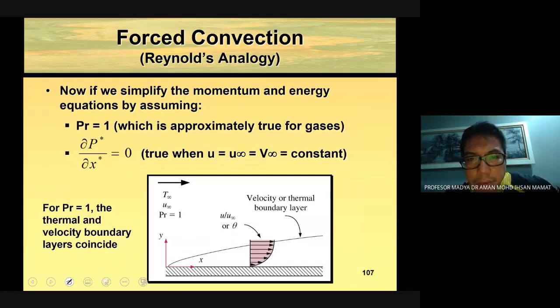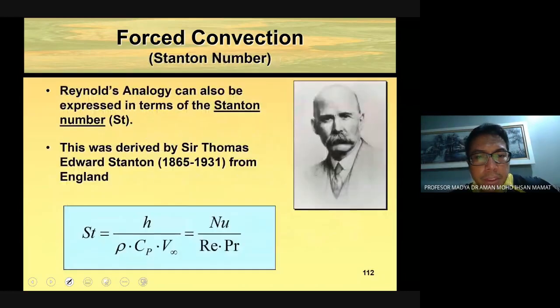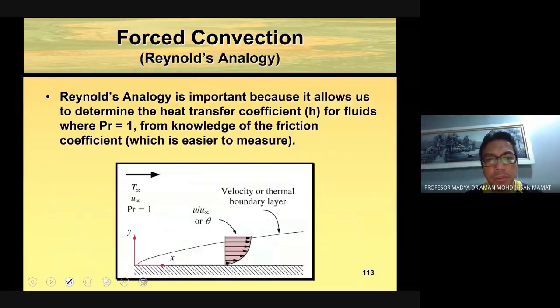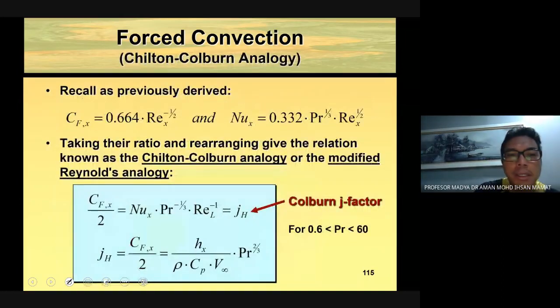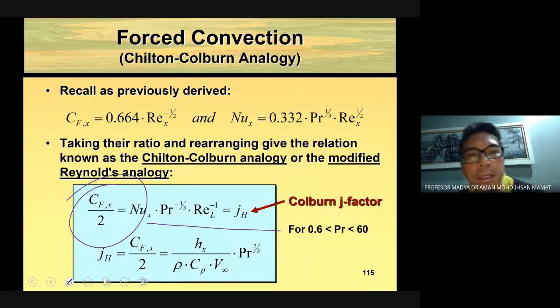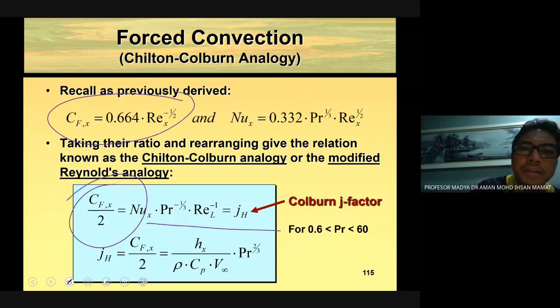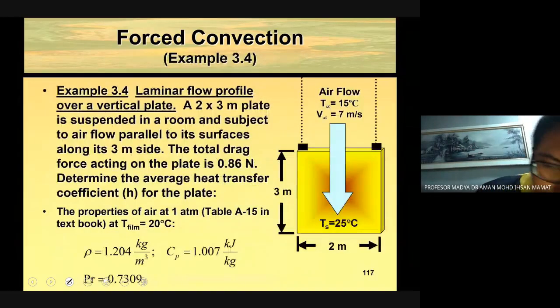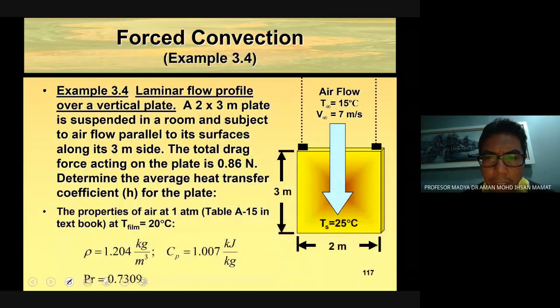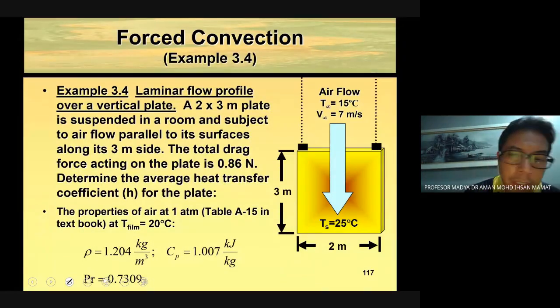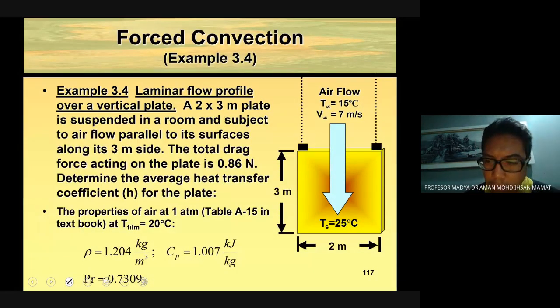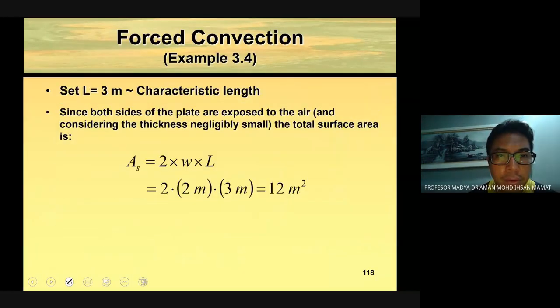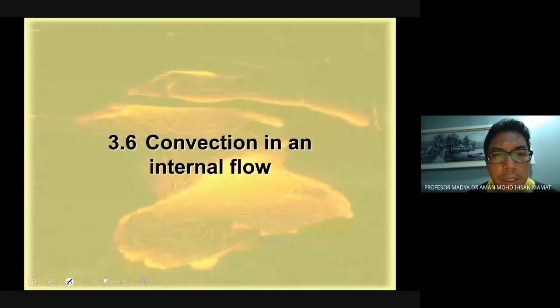Then they develop another one, which is the Stanton number, the analogy, correlating between the friction and the correlation that I mentioned before. This is the example for the development of the drag force correlated with the Nusselt number and the heat convection coefficient.